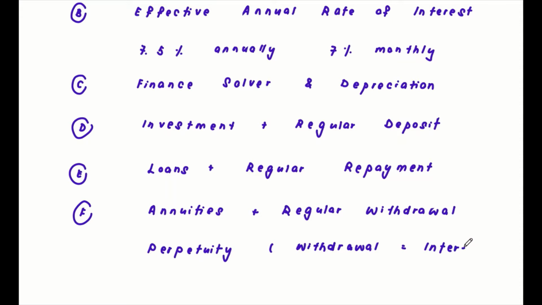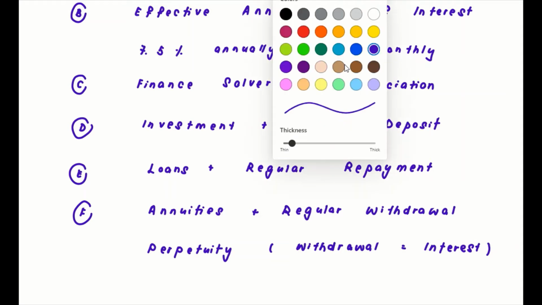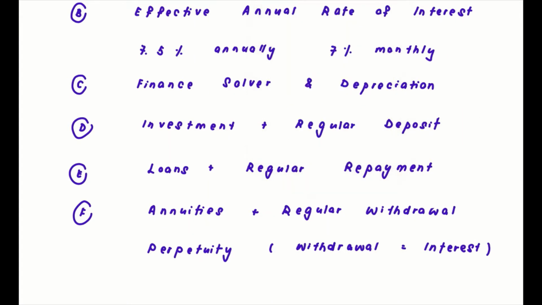So there's not going to be any change in the amount in your bank, because you withdraw whatever you have earned. Your principal stays the same, and the interest you get after every period will be the same, which is basically the amount that you withdraw.